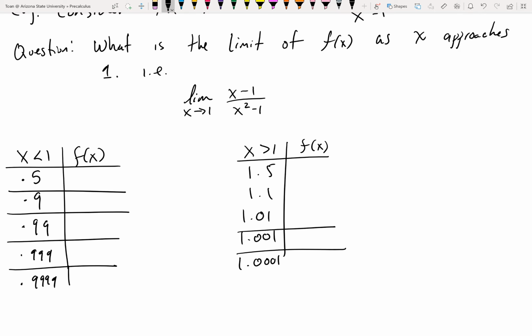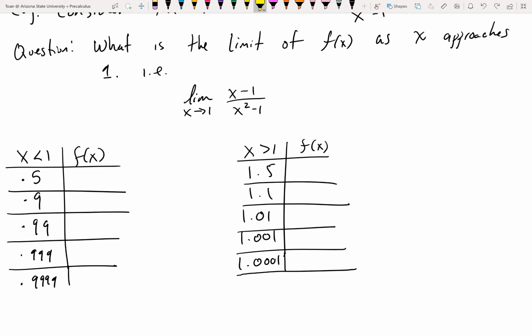I can just keep going and going. Note that in this table, this is a sequence of x values that are bigger than 1, but they're getting closer and closer to 1. So let's just go ahead and do some plug and chug.